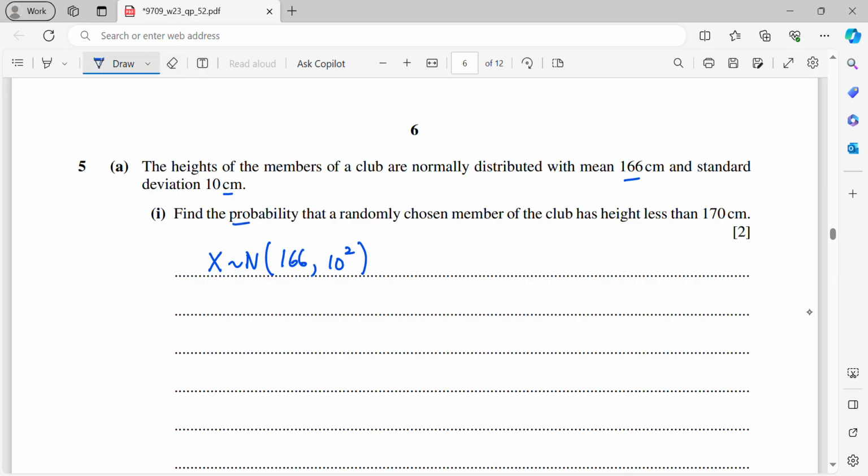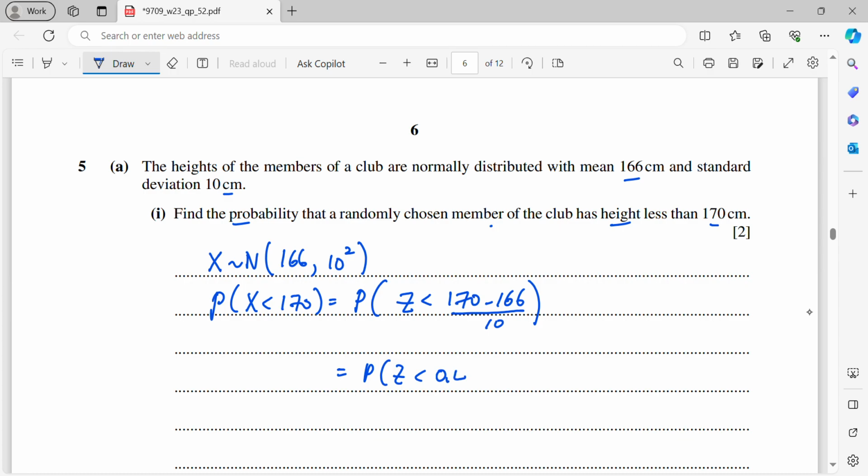Then find the probability that a randomly chosen member of the club has height less than 170 centimeter. So P(X less than 170). So this is normal distribution. We standardize it first. And then this is going to be P(Z less than 0.4).